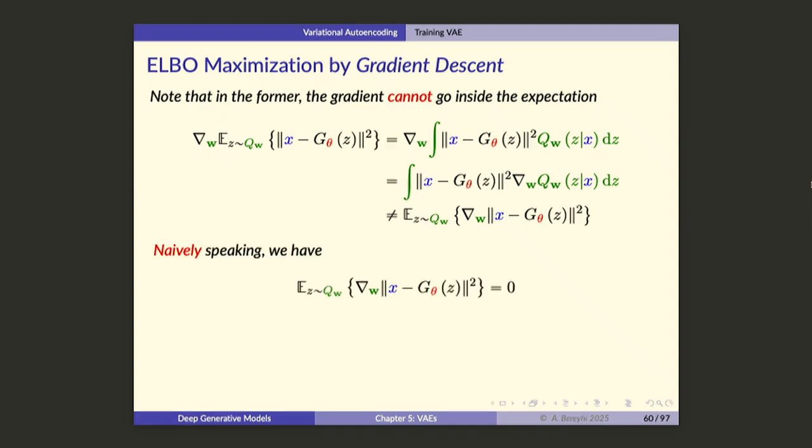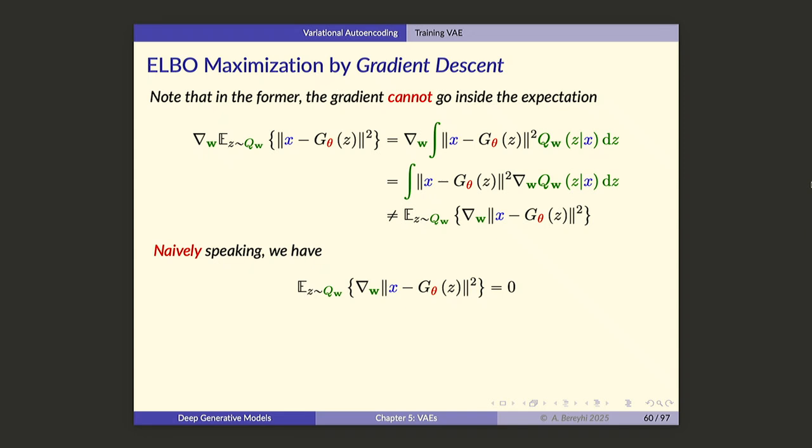If you take the gradient inside naively, you would say that the gradient of this term with respect to w is simply 0, because w is not showing up in this expression, and then the expectation of 0 is 0. But obviously this is wrong, because you know that this expression depends on w.